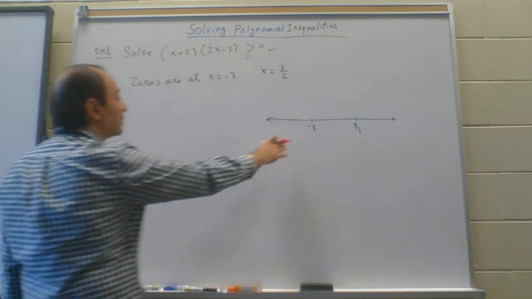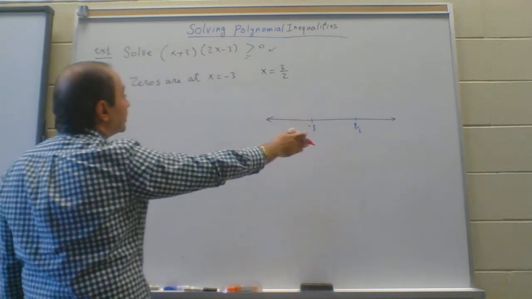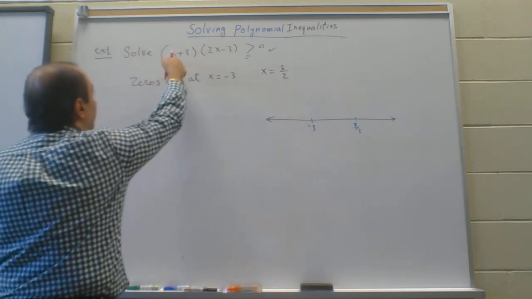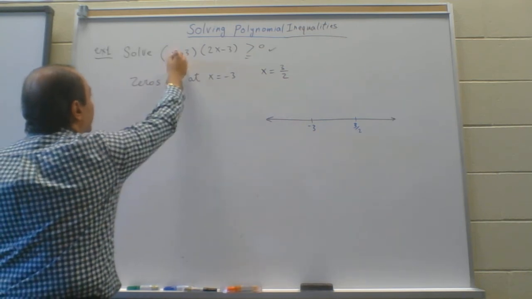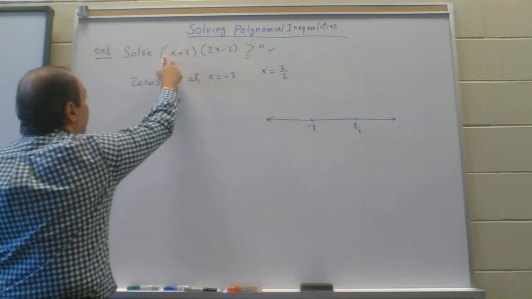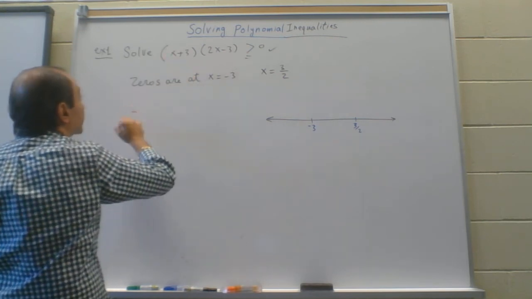So I'll choose any value in this interval, less than negative 3. Any value you like. So let's say negative 5. If I put negative 5 here for x, negative 5 plus 3 will be negative 2. So I will have a negative in here.